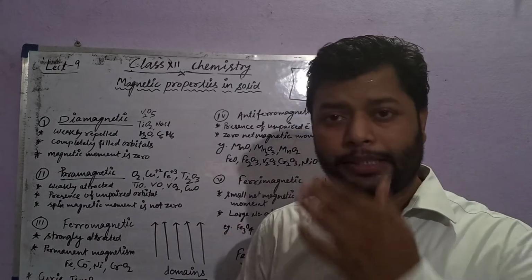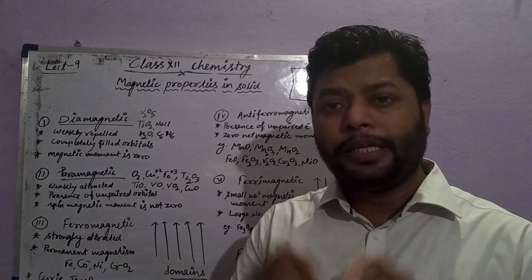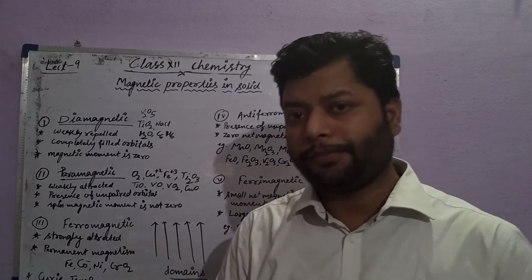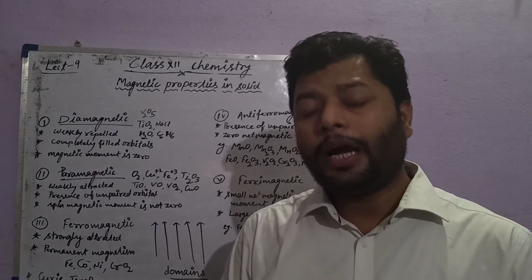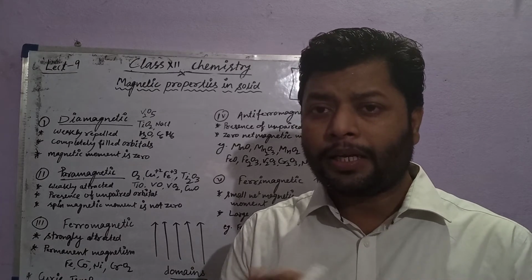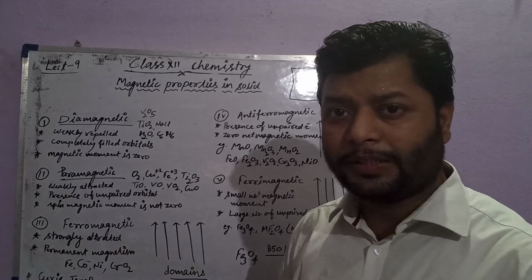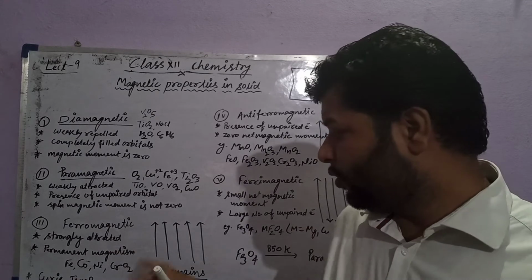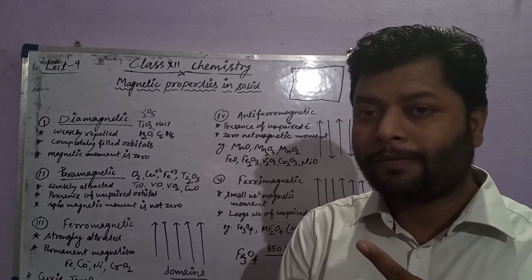At normal conditions, the domains are randomly oriented. No single particular direction is there. When we study the solid of different substances under normal conditions, the domains are randomly oriented.